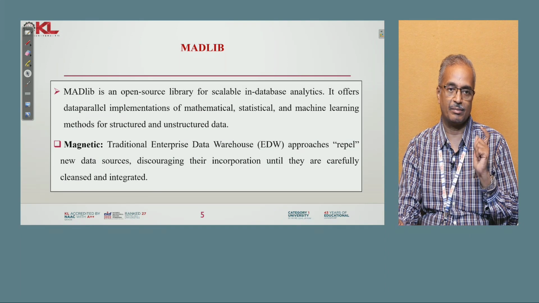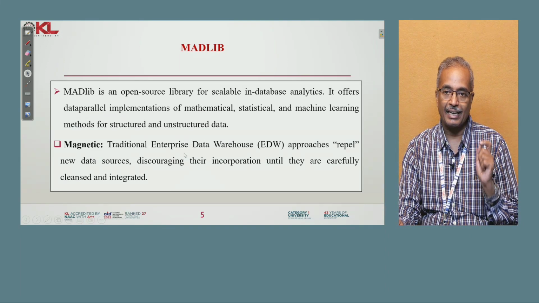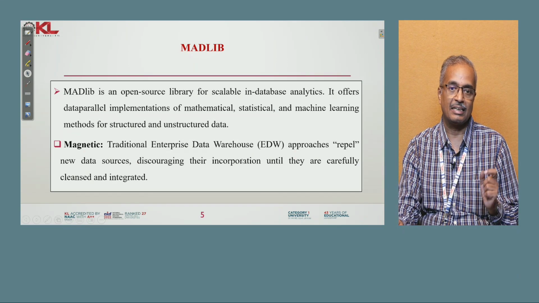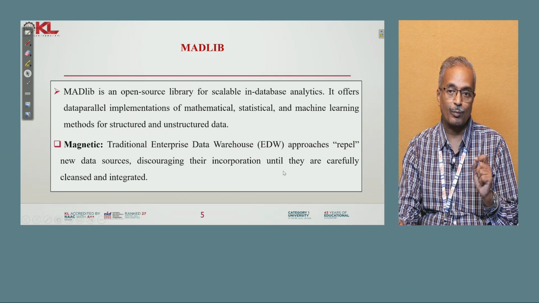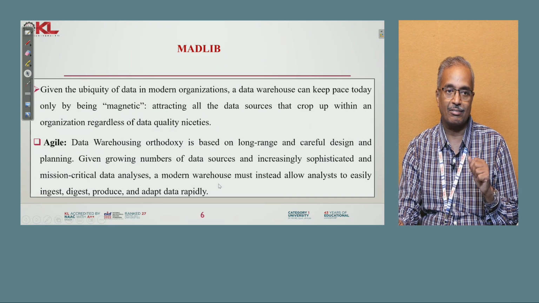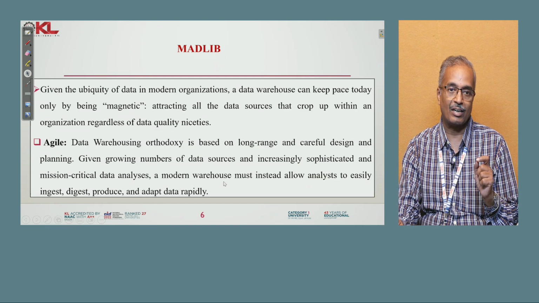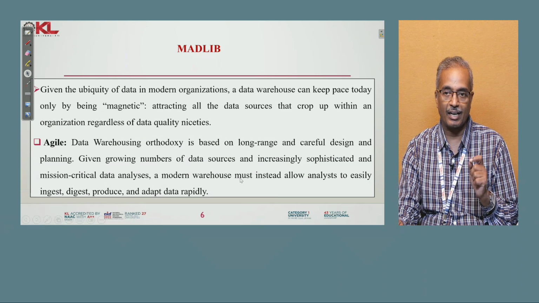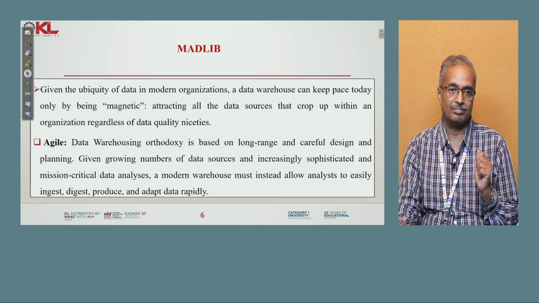M stands for magnetic. Magnetic means that data warehouse approaches repel new data sources, discouraging their incorporation until they are carefully cleansed and integrated. The second one, agile: data warehousing orthodoxy is based on long-range and careful design and planning.